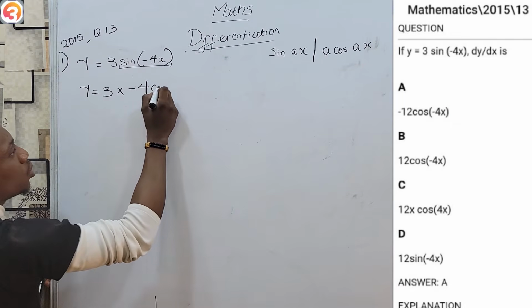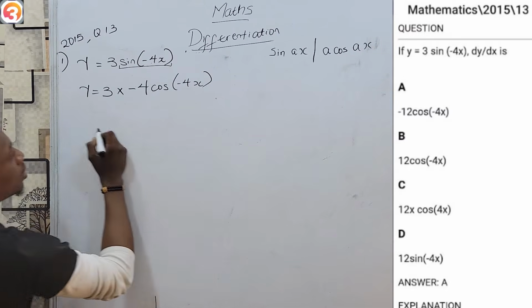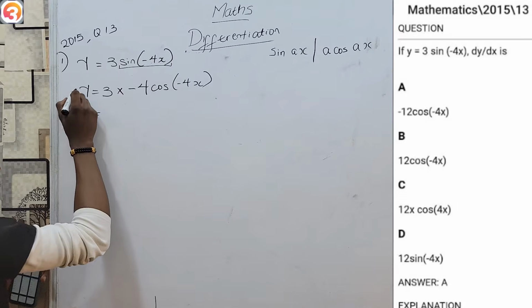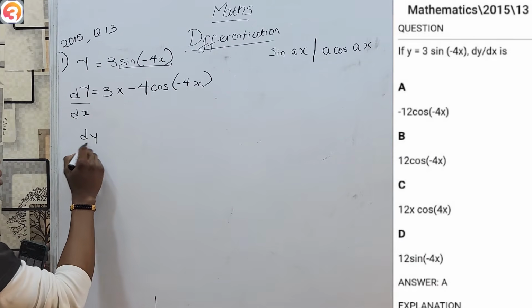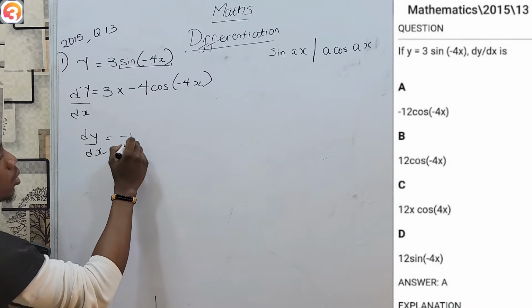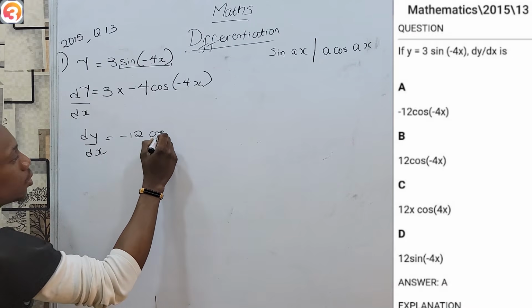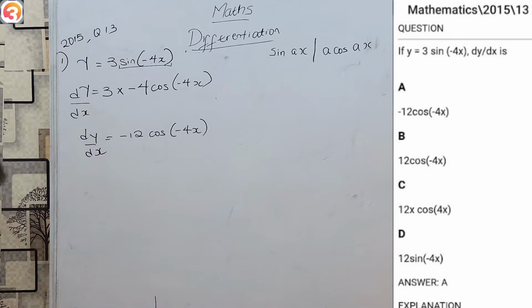My sine turns into cos, then I write my minus 4x one more time. So this is dy dx. And then, last but not least, 3 times minus 4 is minus 12 cos minus 4x.